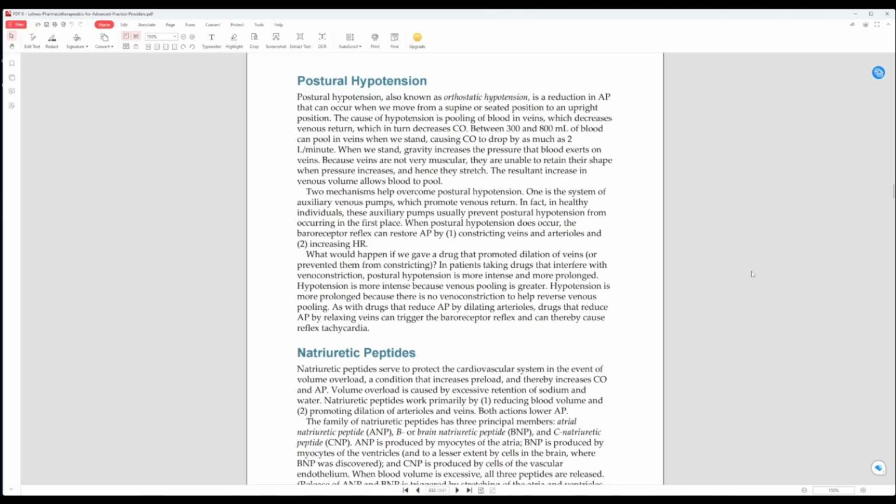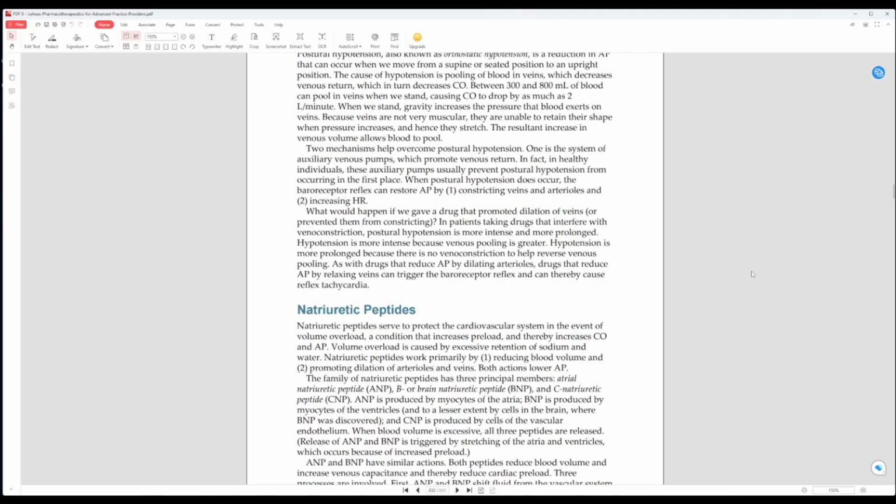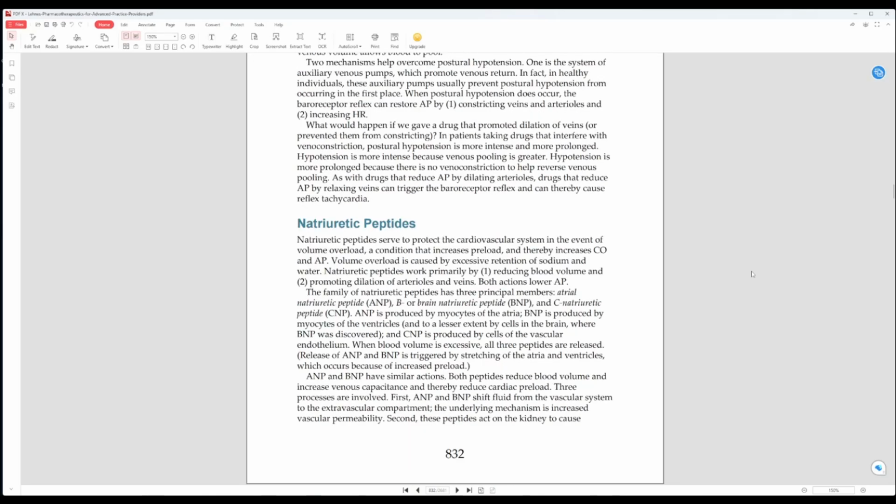Hypotension is more intense because the venous pooling is increased and greater. Hypotension is more prolonged because there is no venoconstriction to help reverse that venous pooling. Like drugs that reduce arterial pressure by dilating arterioles, drugs that reduce arterial pressure by relaxing veins can trigger the baroreceptor reflex and can therefore cause reflex tachycardia.